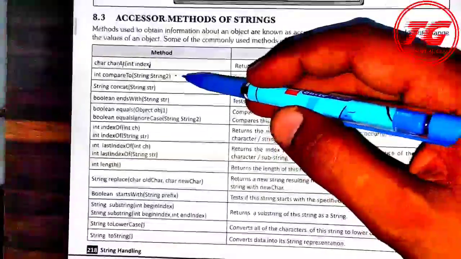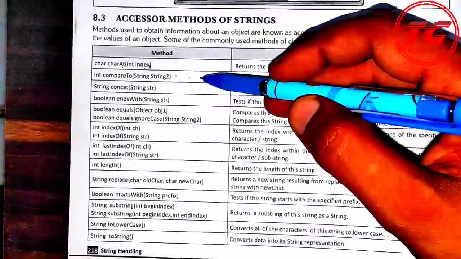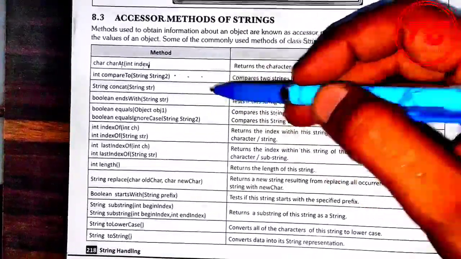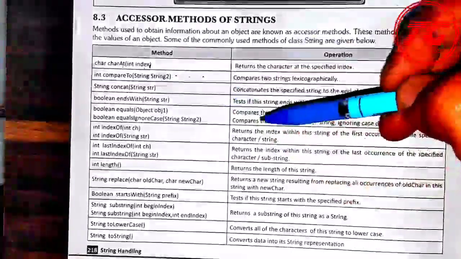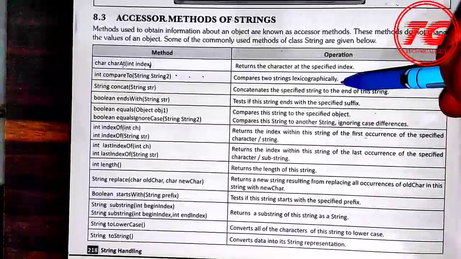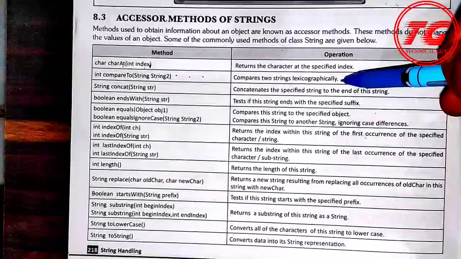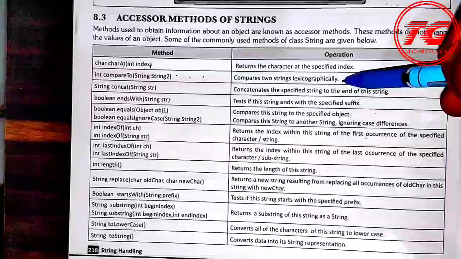It can return a positive value, a negative value, or a 0 value. It will return 0 only if both the strings are equal lexicographically. Lexicographically means the strings must be equal lengthwise and case wise.